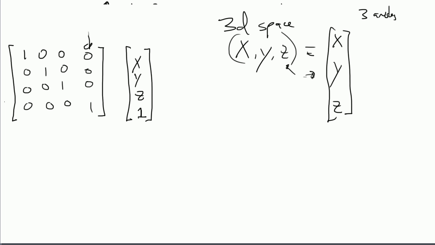This being the translation vector. In other words, something to move, to translate this point or set of points. Doesn't have to be 1 point.